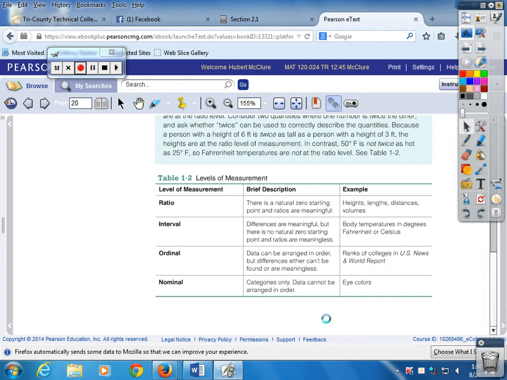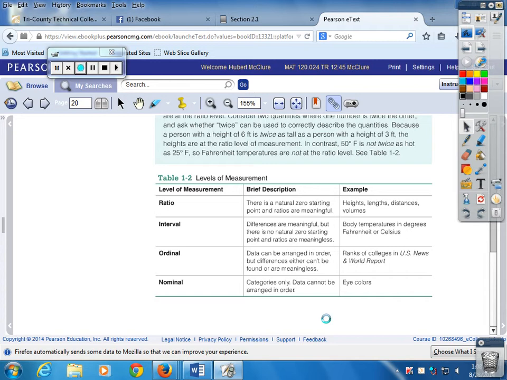Interval, temperature. Remember temperature when you are asked about interval measurement, because it's in intervals of 10, 50, 60, 70, 80, 90 degrees. It's in intervals of 5, 10, 15, 20.